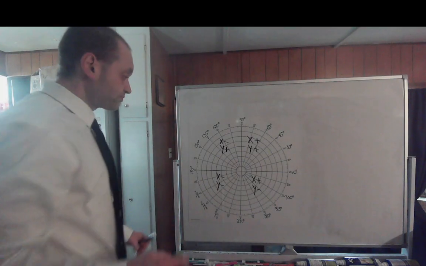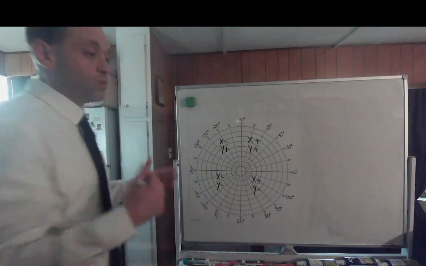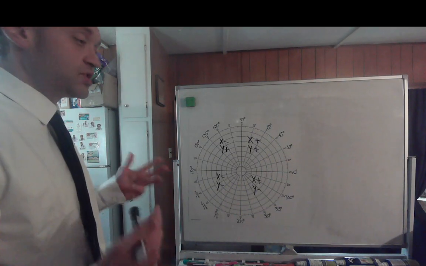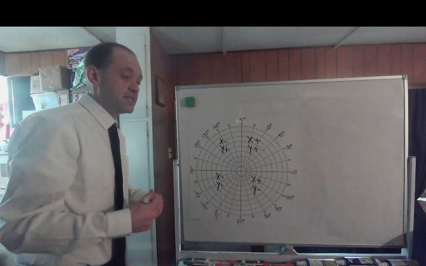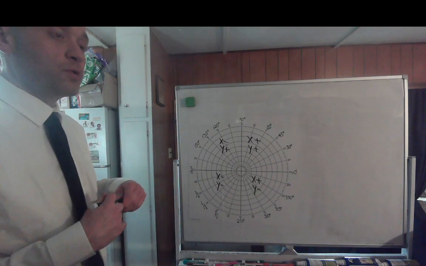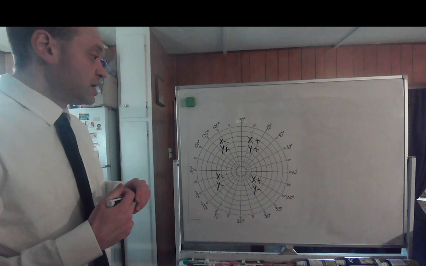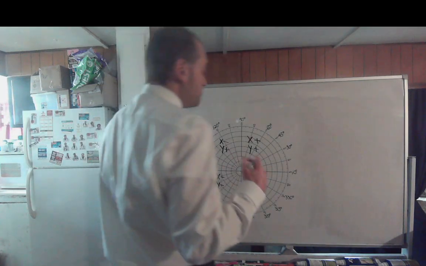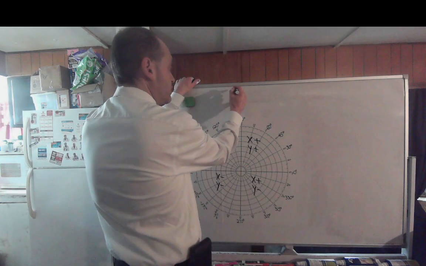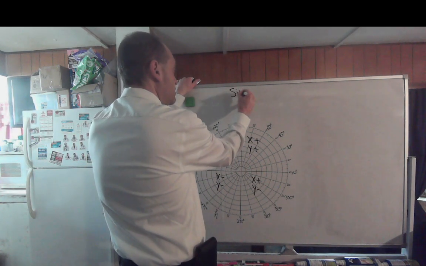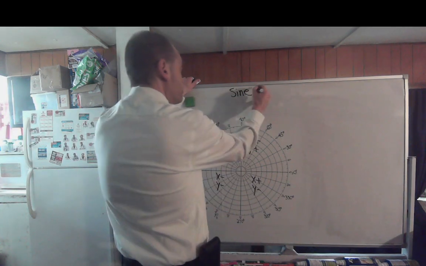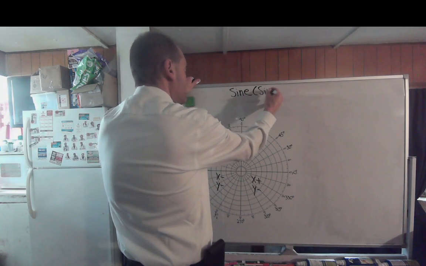So let's talk about X and Y's as it relates to the unit circle and how this ties into trig functions. So let's go ahead here. We have functions called the sine, which is abbreviated as sine.